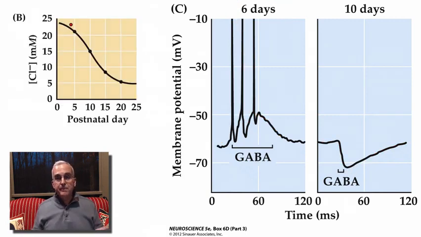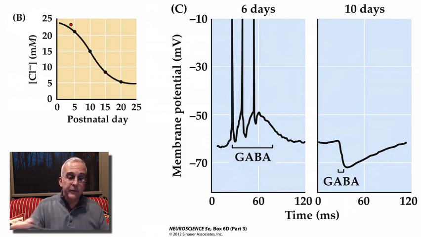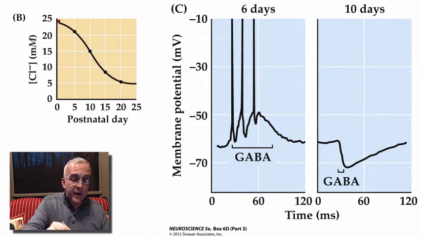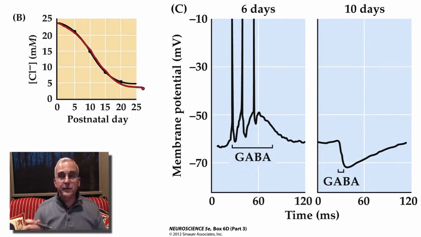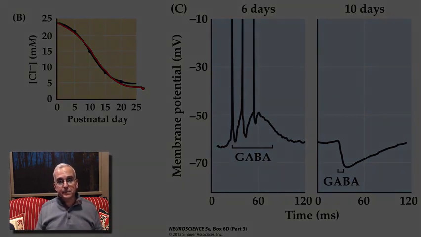And the difference is a pump that reverses the gradient from high intracellular chloride levels to low intracellular chloride levels across the first few weeks of postnatal life, at least in the mouse model. We have every reason to believe that the same biology is happening in the human brain during development. We just don't yet know exactly when that shift in expression of chloride transporters takes place.